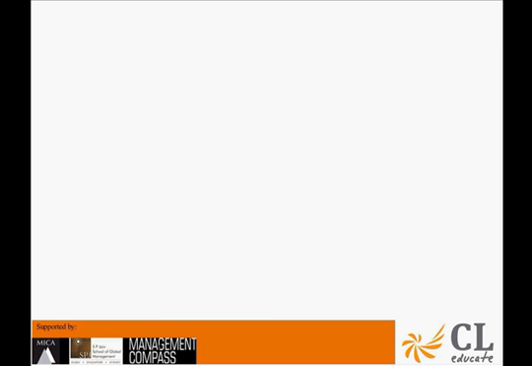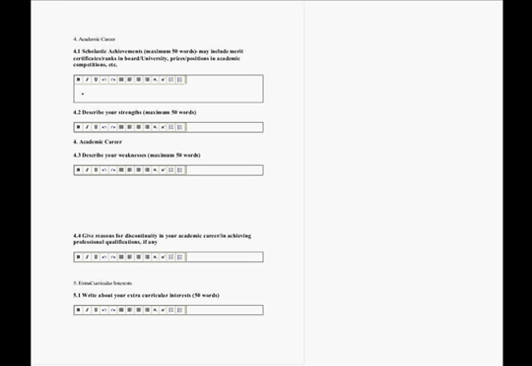So again, let's go back to the question. And it also says merit certificates. Merit certificates can also include, for example, let's say you got a merit certificate for handwriting, right?